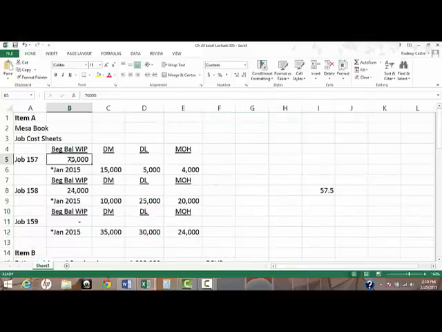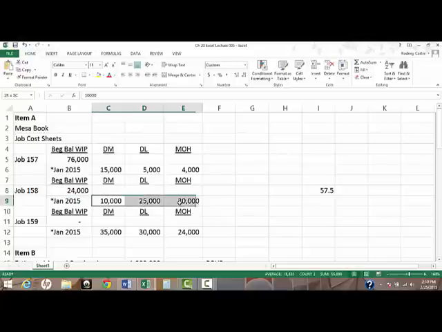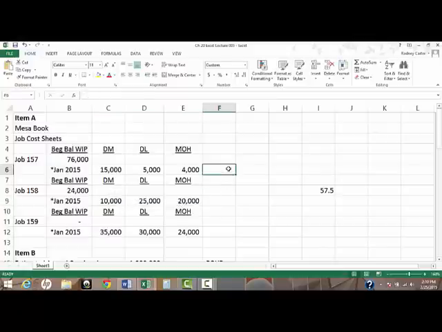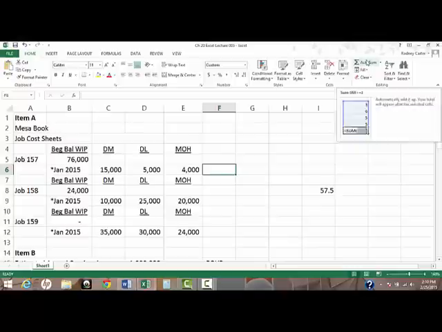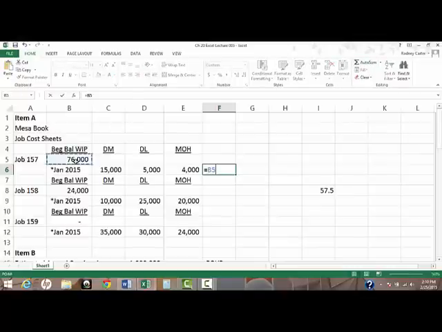Two of our jobs, 157 and 158, had a beginning WIP balance, and then the costs for January built in the job cost sheet. If I were to take a moment here, I could total up the costs of this job by adding these four dollar values. The beginning amount for job 157, the costs that were added to it during January, and we have $100,000 total.